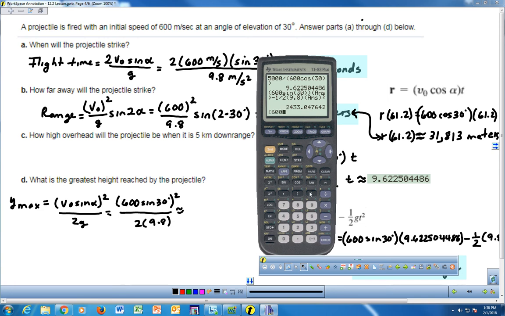So 600 times sine of 30, that is being squared, and then divided by twice the gravity, 2 times 9.8, close the parentheses, and this is the maximum height, 4,591, which is about 4,592 meters.